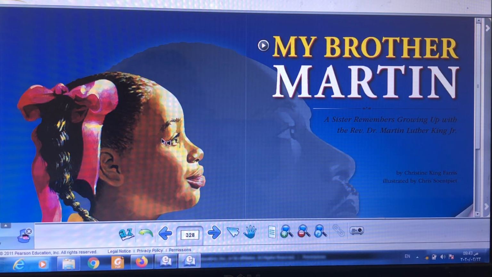Before we start the story, I want to remind you of yesterday's comprehension skill. The comprehension skill of yesterday was cause and effect. Cause means the reason, and effect means the result. I told you, you have to find the cause and effect statements in the story by asking yourself two simple questions: why and what.